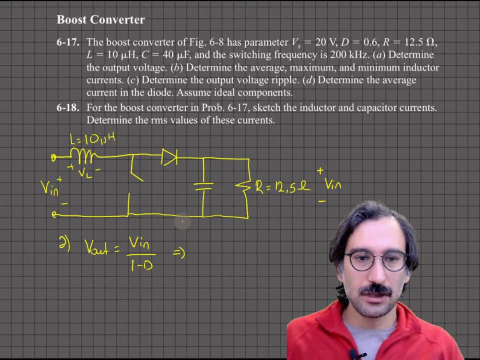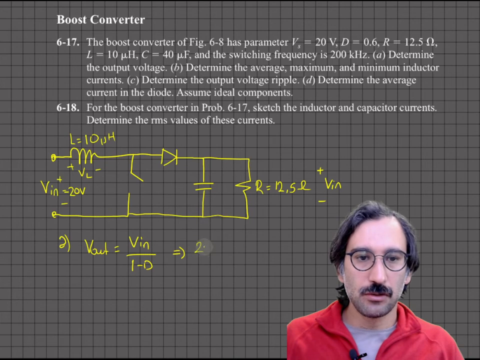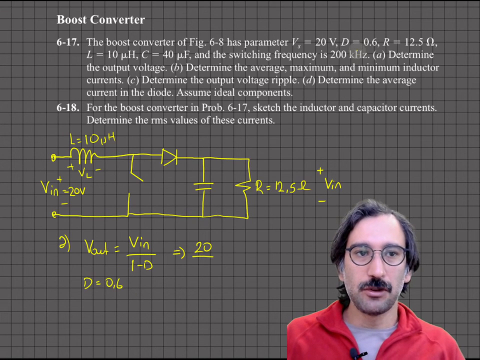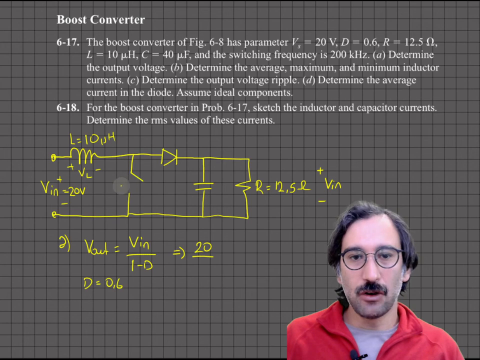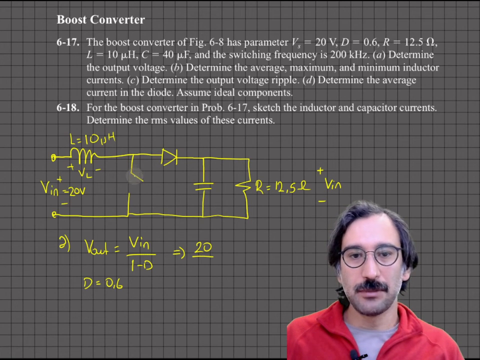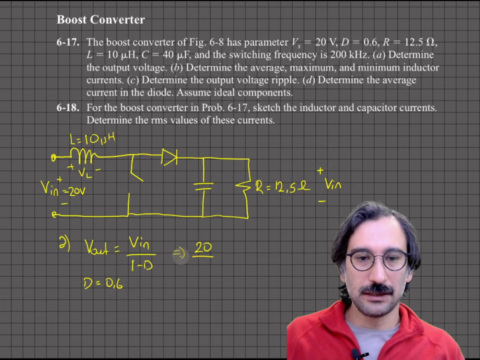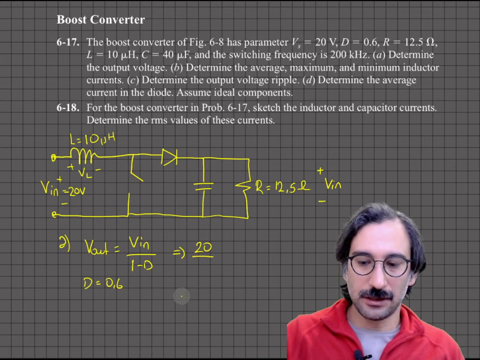If we just put those things in place, that is 20 volts, so 20 divided by, and our duty cycle is 0.6. So 0.6 means that for 60% of the time the switch is on or closed, and for 40% of the time it is off, right? So that is the duty cycle, and we will draw the voltage and current characteristics.